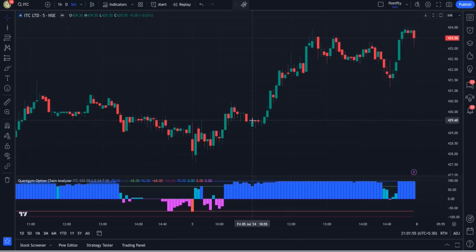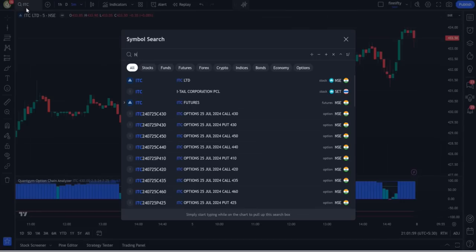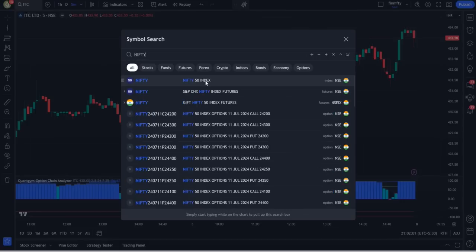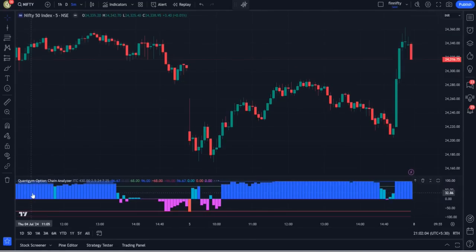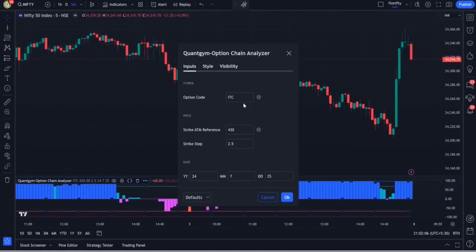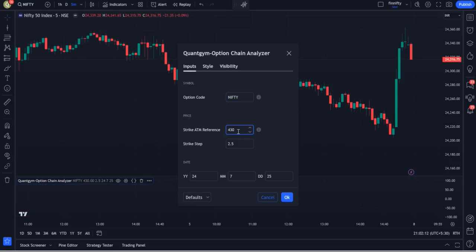Now this is not the only indicator which is there. We also have something. Let me shift back to Nifty. Again, I will change this. In fact, you very easily get an idea of what's going on.